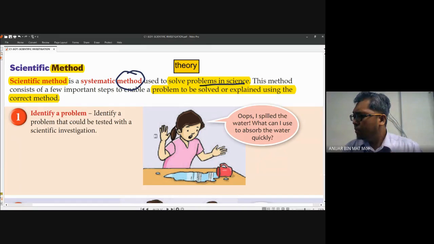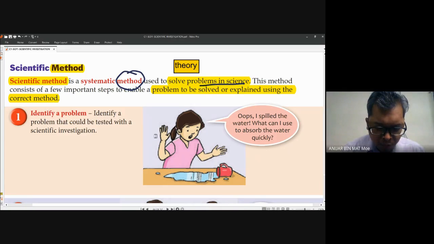Not only are you able to do the calculation, but in science also, you must be very good in language. In language, either BM or English. But for Form 1 Alpha, you are using English, right? You must be able to understand the English structure. You must be well-versed, fasih, in English or BM.